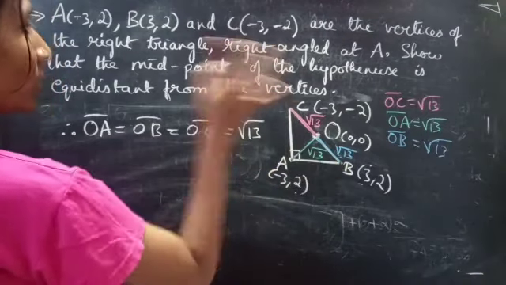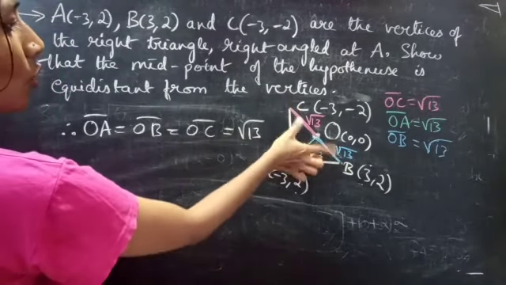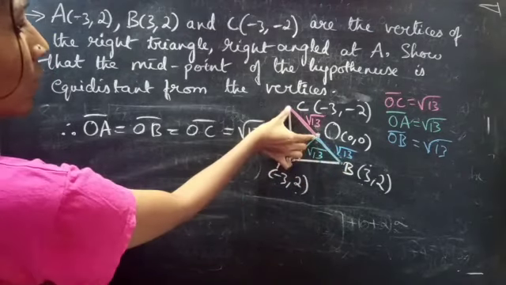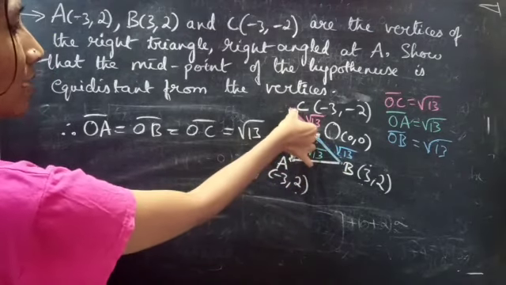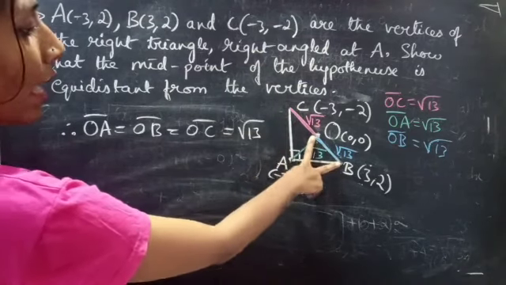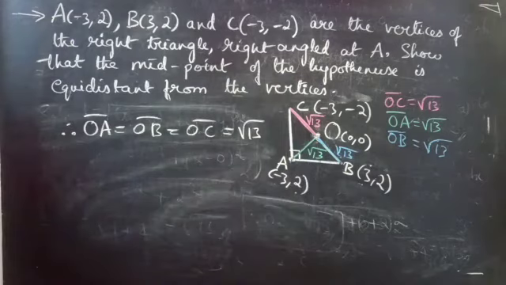O is the midpoint. So the midpoint of the hypotenuse is equidistant from the vertices C, A, and B.